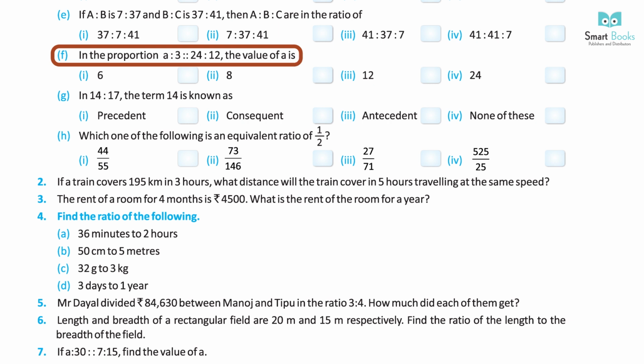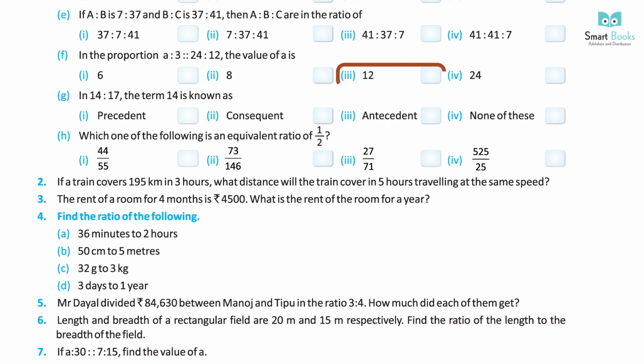F. In the proportion A ratio 3 is to 24 ratio 12, the value of A is: first 6, second 8, third 12, fourth 24. Solution: first 6. G. In 14 ratio 17, the term 14 is known as: first precedent, second consequent, third antecedent, fourth none of these. Solution: third antecedent.